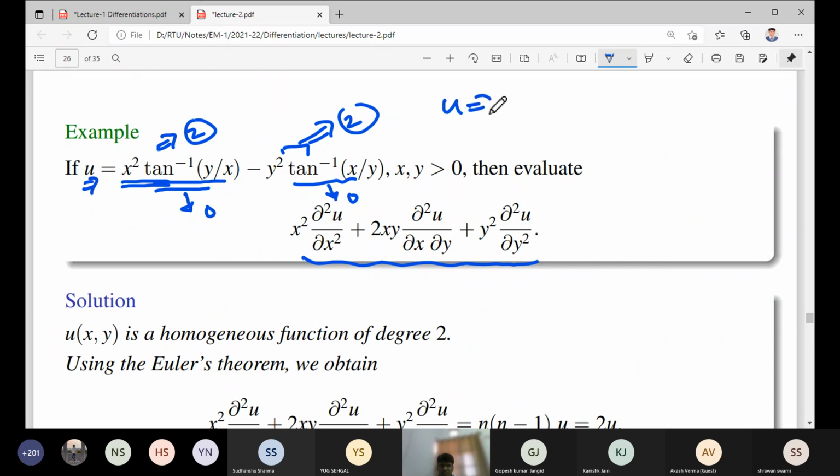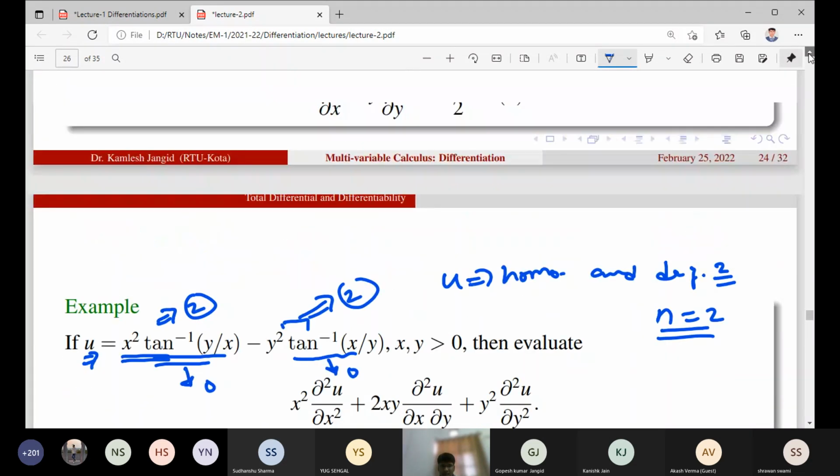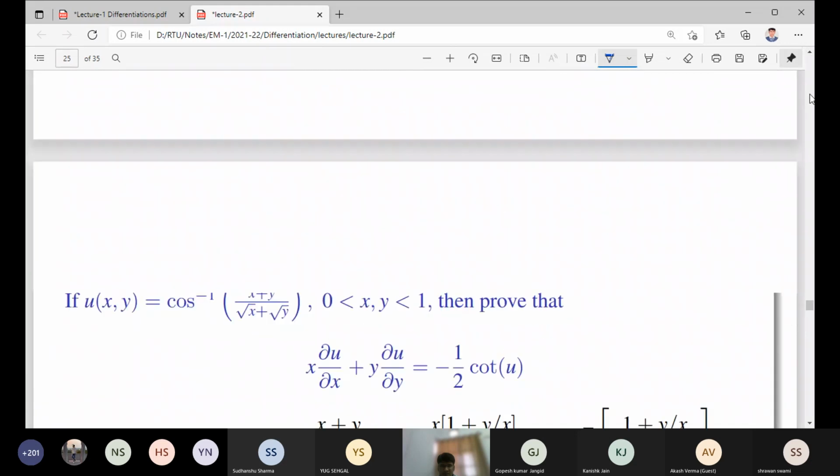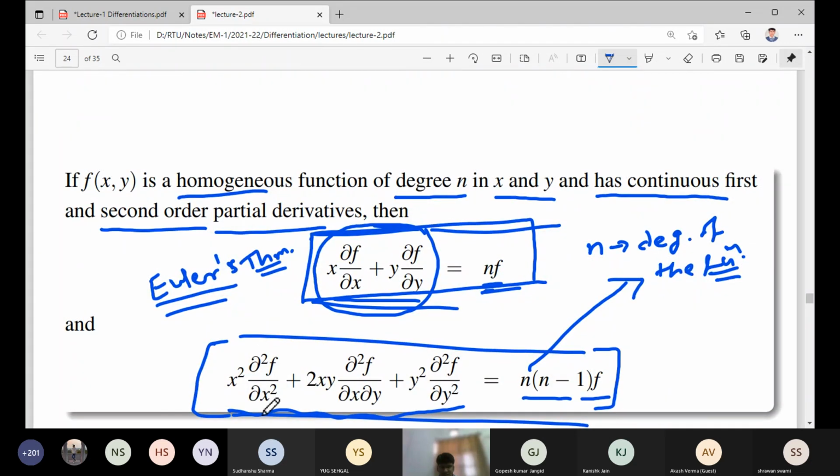U is a homogeneous function of degree 2. So what is the value of n here? n equals 2. Now, if you remember the statement of Euler's theorem, x square times del 2f upon del of x square plus 2xy del 2f upon del x del y plus y square del 2f upon del of y square equals n into n minus 1 times f.